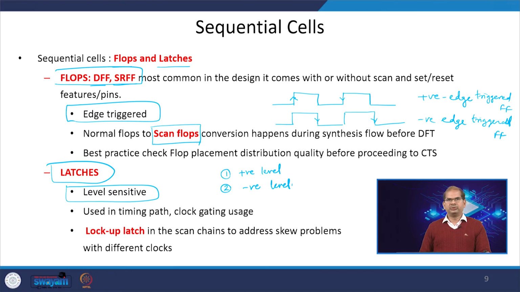For that purpose, we have to insert scan flops. All these flip flops can be converted to scan flops. The conversion from normal flip flop to scan flop can happen during the logic synthesis flow, before design for test. DFT stands for design for test. There is also a best practice to check flop placement distribution quality before proceeding to clock tree synthesis.